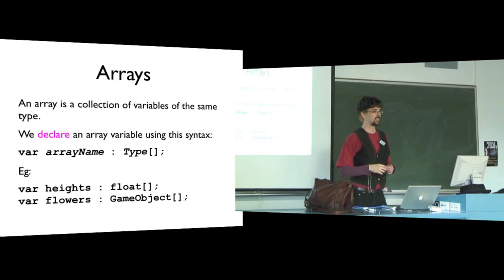It just means this is a list or an array of things, and the things in it have the type float or game object or whatever they are. Usually in a list or an array, all the things have the same type.